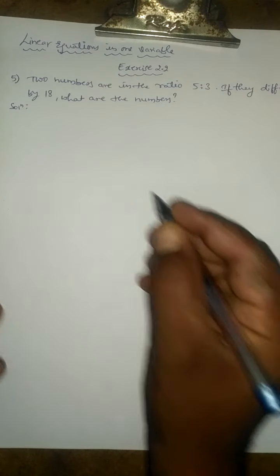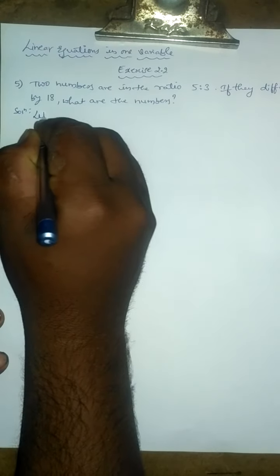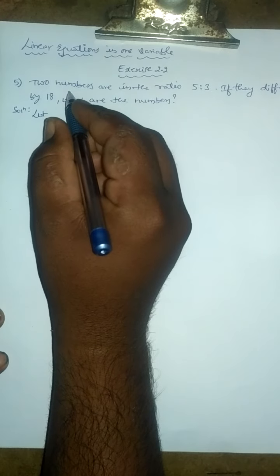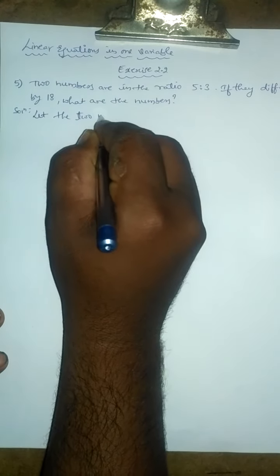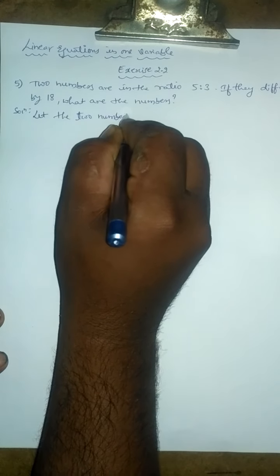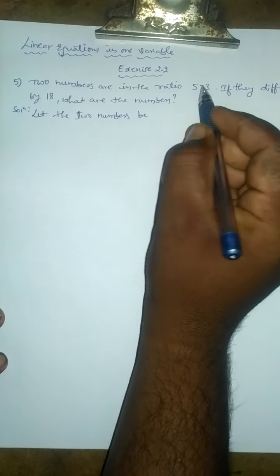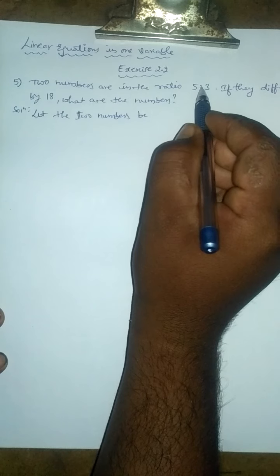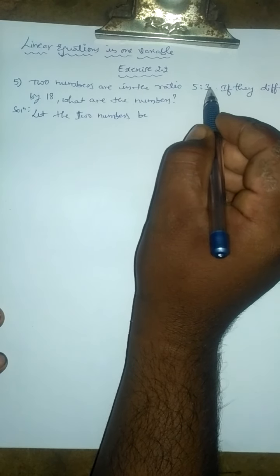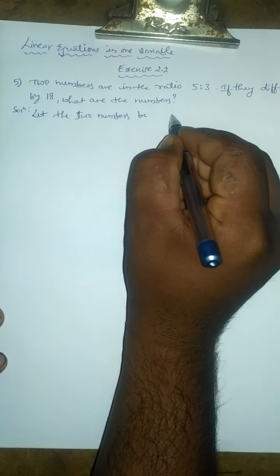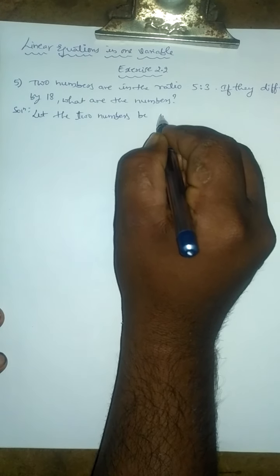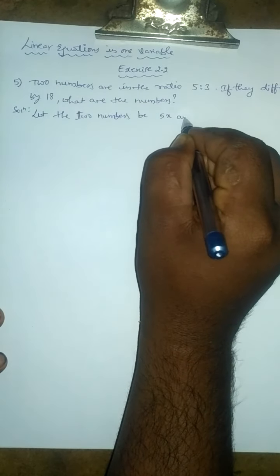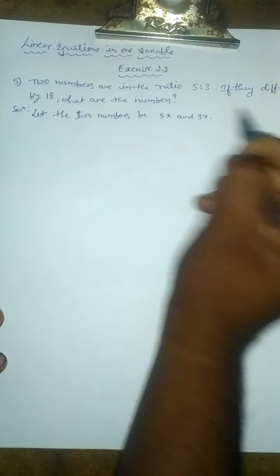See, let the two numbers be... whenever a ratio is there, here the 5:3 ratio, for that reason we have to consider the numbers along with a variable as 5x and 3x.